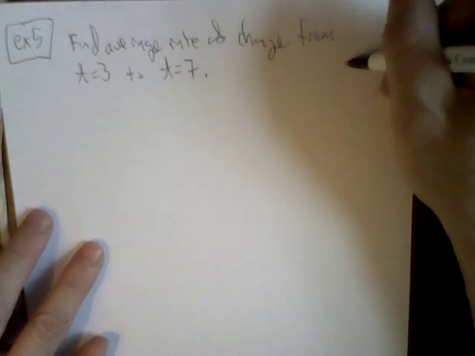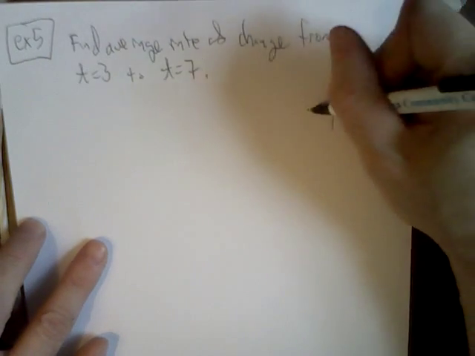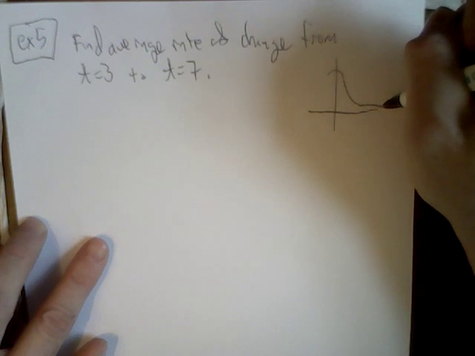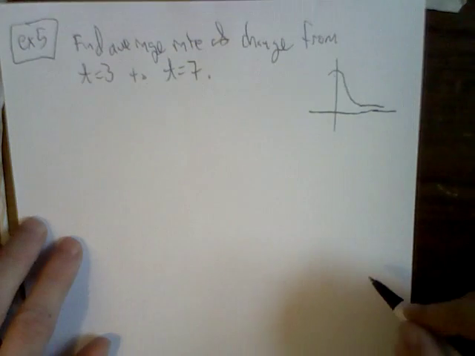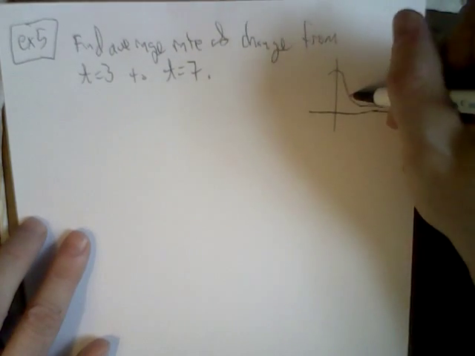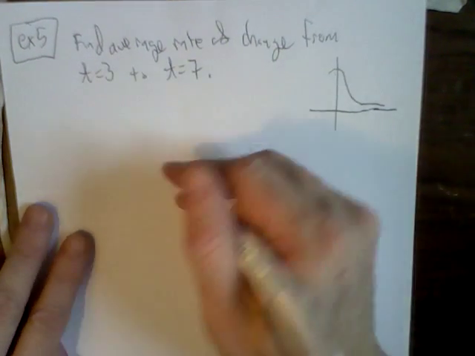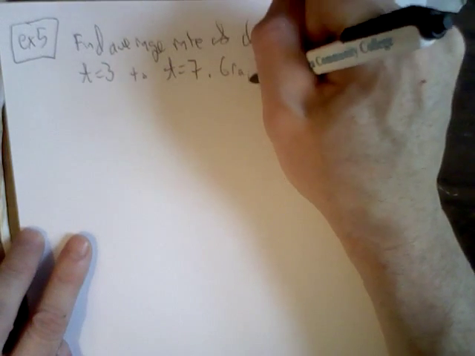I don't have the graph on me, but you can imagine it's going something like this over time. And we want to know the average rate of change going from hour 3 to hour 7. The book will give you some points.